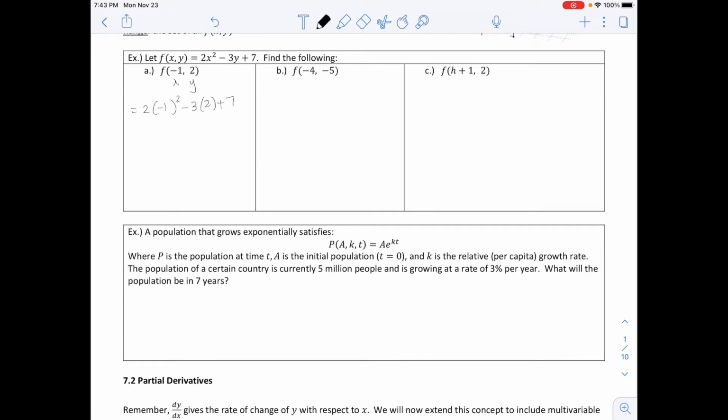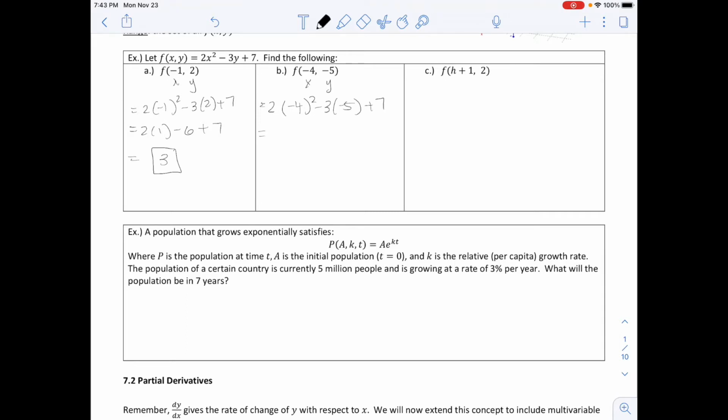Simplifying this and working this out, we end up with 2 times 1 minus 6 plus 7. 2 minus 6 plus 7 works out to being +3. The next one that we have is f of -4, -5, so -4 is our x, and -5 is our y. Going ahead and substituting these in, we have 2 times -4 squared minus 3 times -5 plus 7.